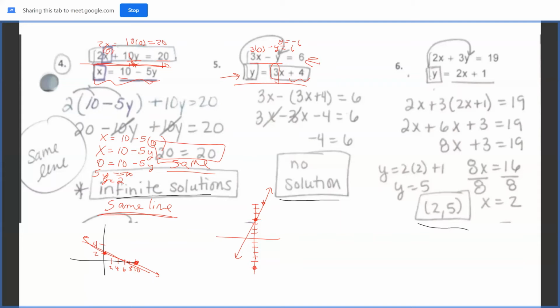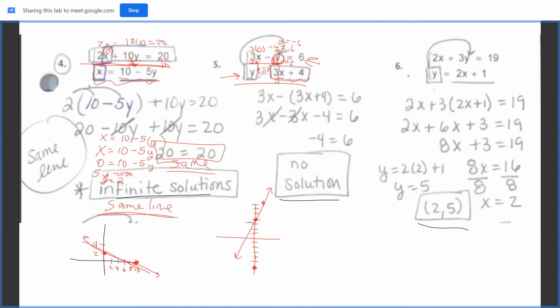And when y is 0, we have 3x equals 6, x is 2. You put a 0 here for y, and you're left with 3x equals 6, and you solve it. So 0, negative 6.